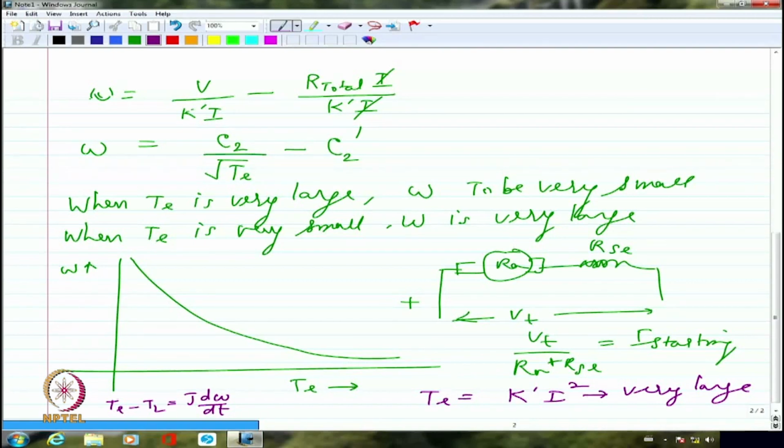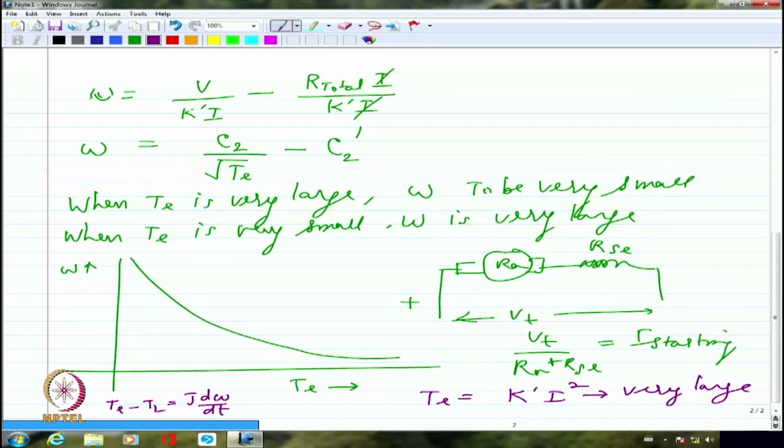So generally it is dangerous to start a series motor on light load condition. Eventually the speed reached will be very, very high. The shaft could break because the mechanical strength of the shaft will be limited.